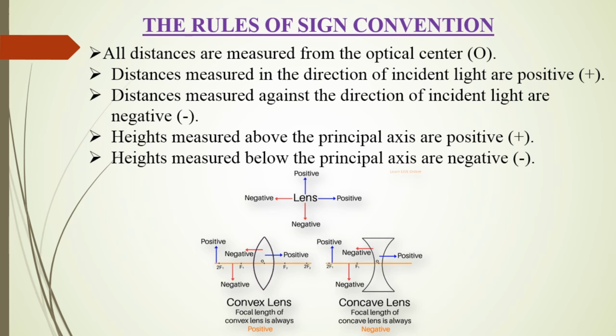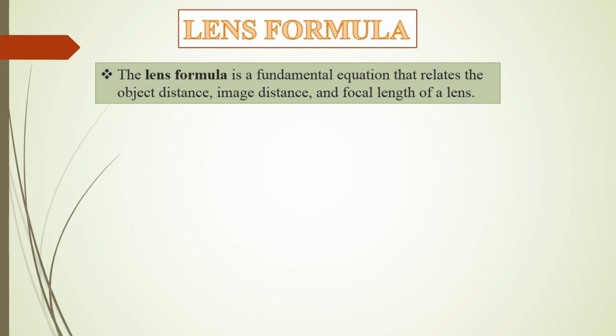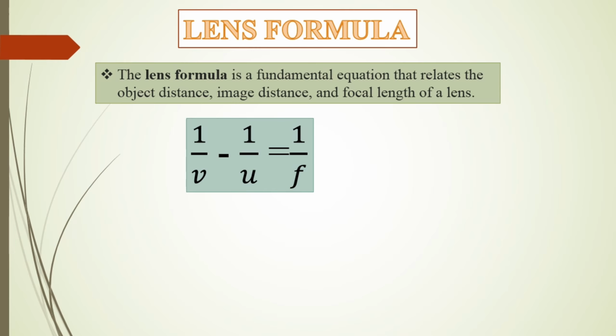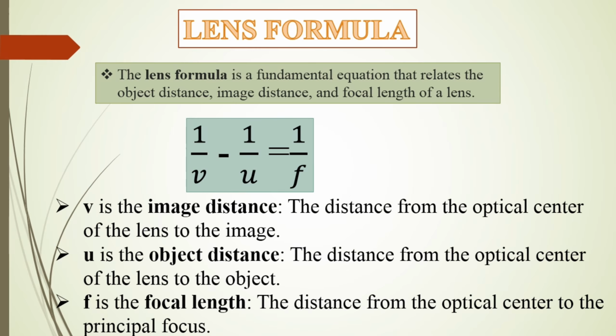With our sign conventions in place, we can now introduce one of the most powerful equations in optics, the lens formula. This formula connects the object's position, the image position, and the focal length of the lens. It is written as 1/v minus 1/u equals 1/f.